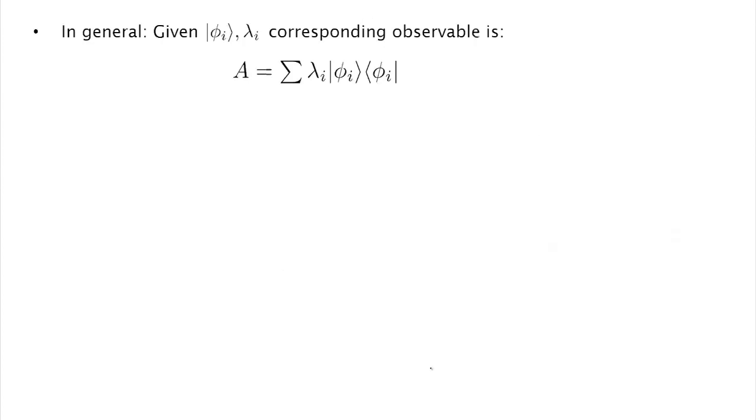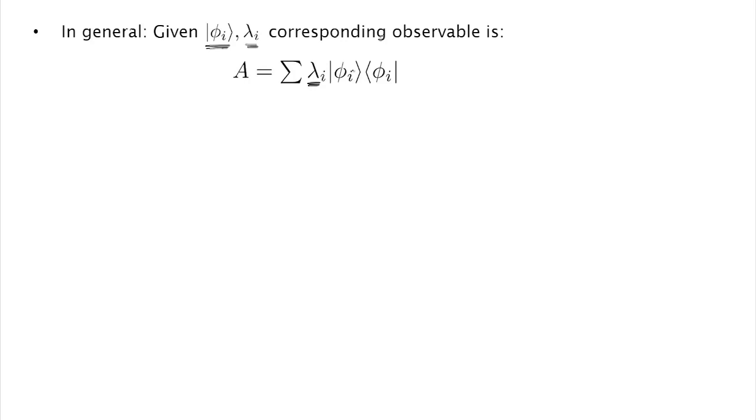So in general, this was completely general. If you were given a set of orthonormal vectors and real numbers, and you want to create the corresponding observable, you just take the corresponding linear combination of the projectors onto these vectors. So you end up with a Hermitian matrix, and its eigenvectors are the phi i's and eigenvalues are lambda sub i's.